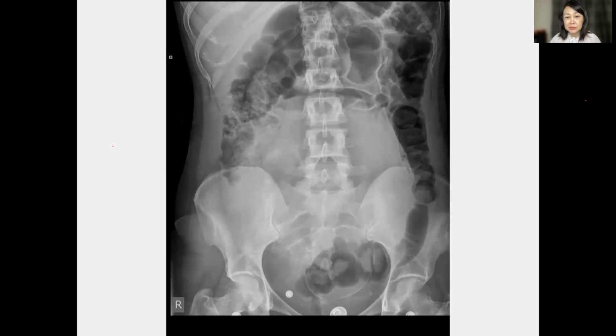What's the diagnosis for this X-ray? Last one. Anyone?